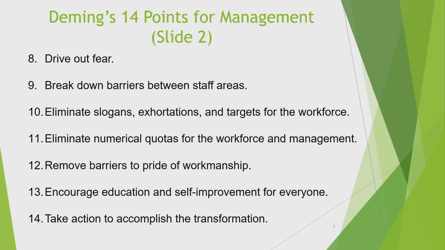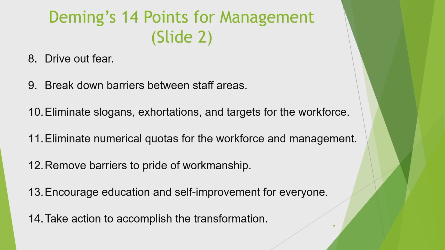Ninth, break down barriers between staff areas. This means that there may be various departments like purchase and design, and many times we work in a compartmentalized manner. This should not be there. One should be able to go freely, and in the design phase manufacturing people can also get involved and give input.